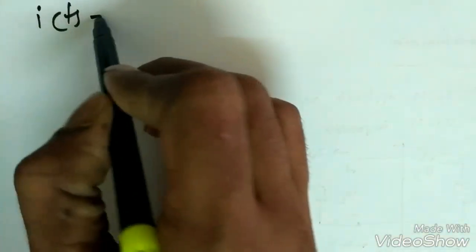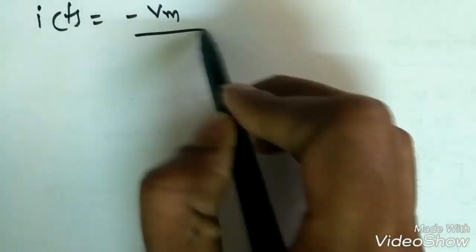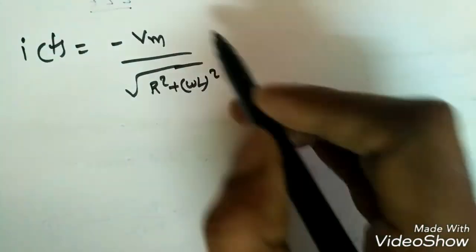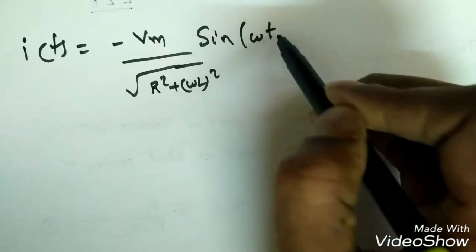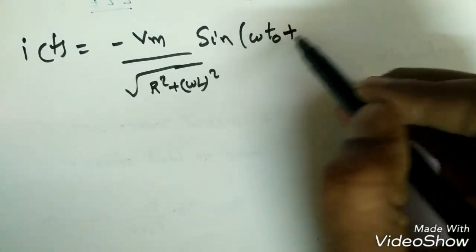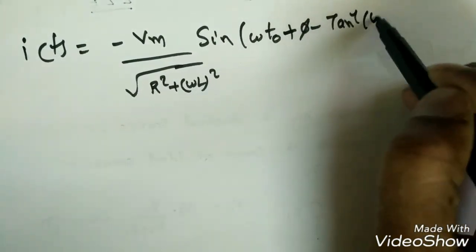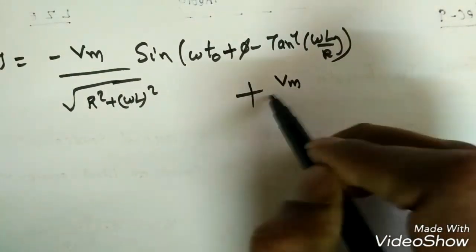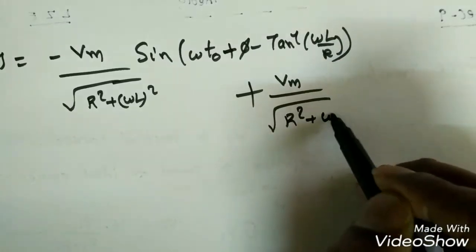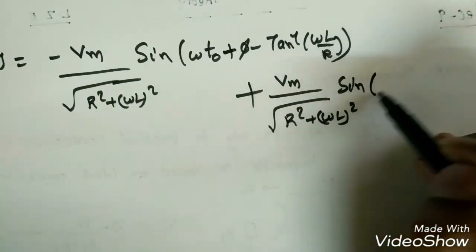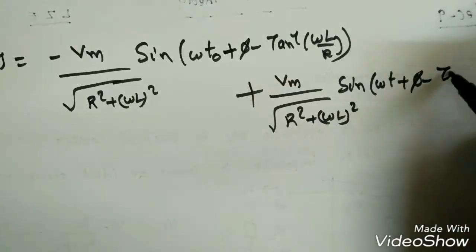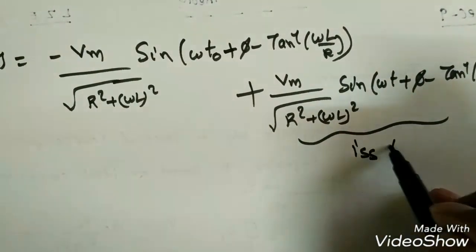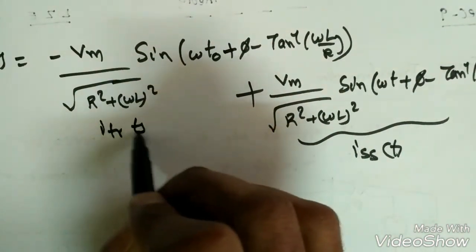I of t is equal to minus Vm by square root of R square plus omega L whole square sine of omega t naught plus pi minus tan inverse omega L by R, plus the remaining same, that is Vm by square root of R square plus omega L whole square sine of omega t plus pi minus tan inverse omega L by R.